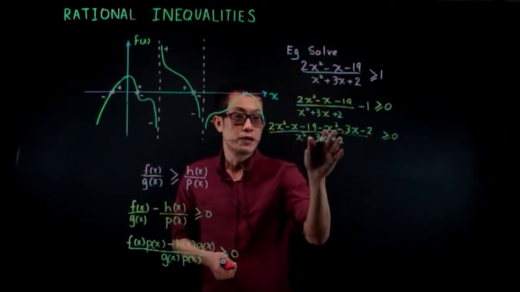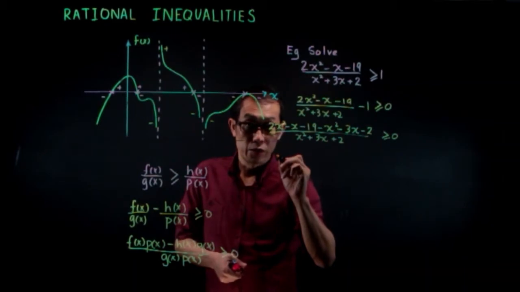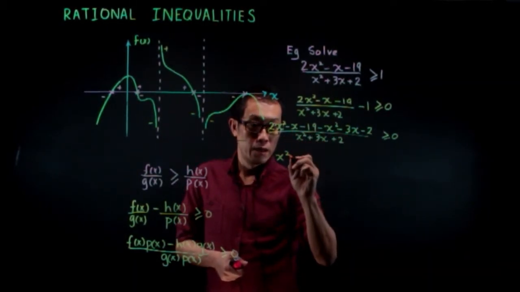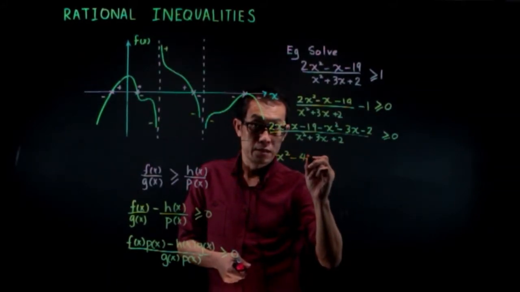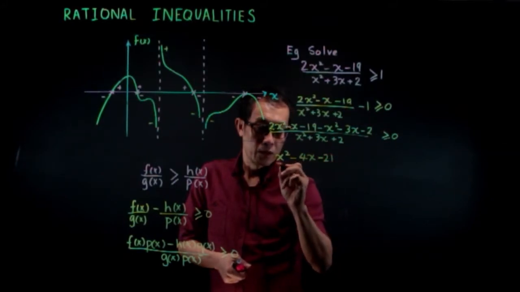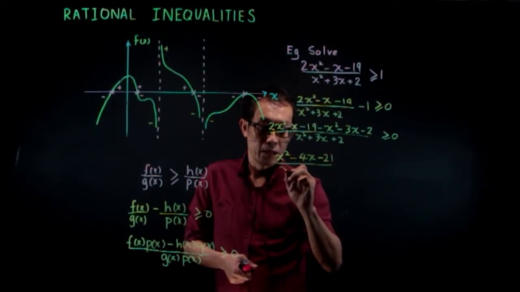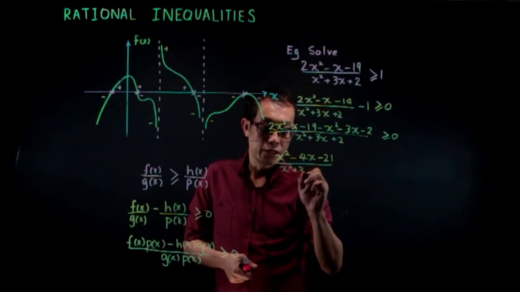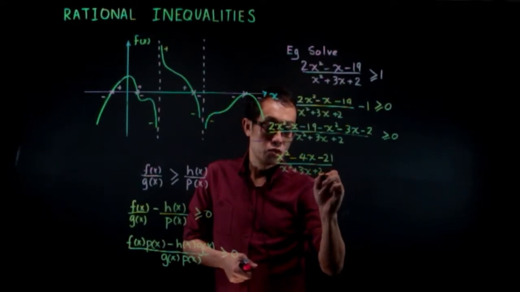Then you simplify the numerator. What do you have? You have x squared minus 4x minus 21 over x squared plus 3x plus 2.